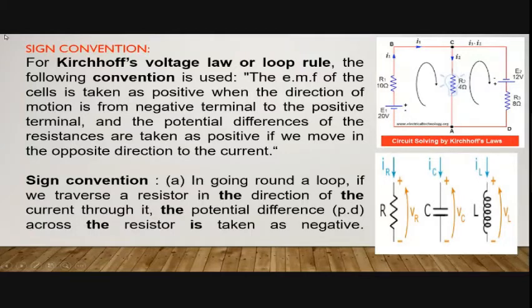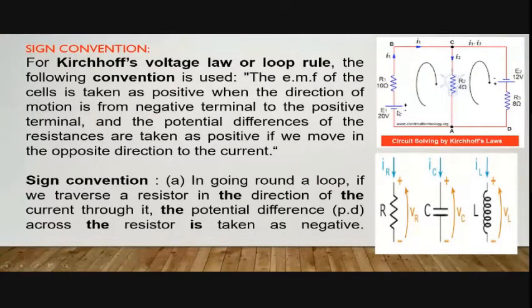Okay, so now see here, this is your negative terminal, this is your positive terminal. Okay, and current we are taking in this direction. If you take the current is entering from the negative terminal to the positive terminal.